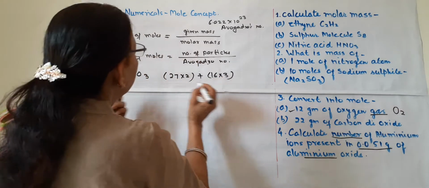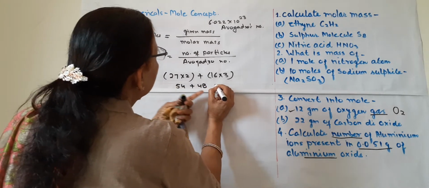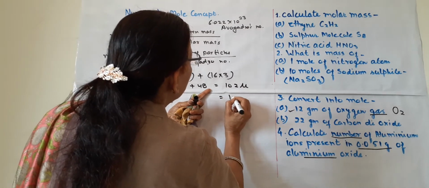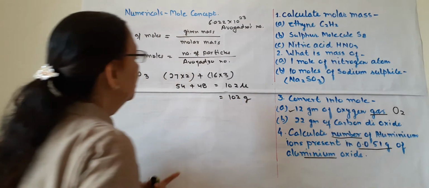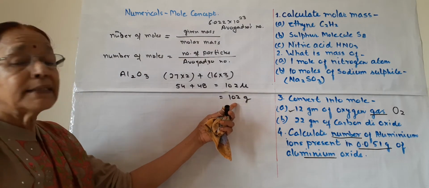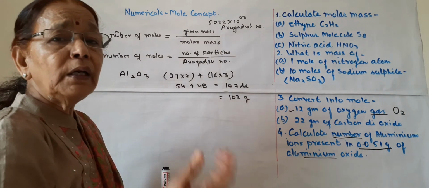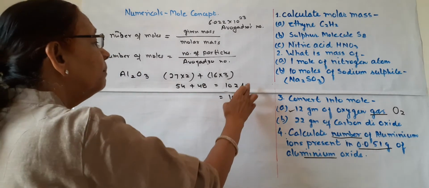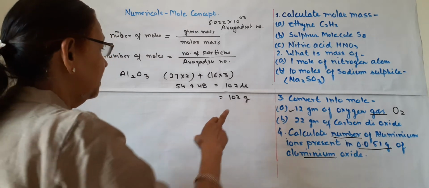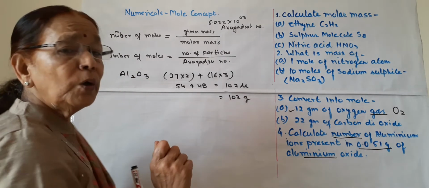What will you get? It is 54 plus 48, equal to 102 u, which is equal to 102 grams. Molar mass we say for both covalent and ionic compounds, but this is formula unit mass, and covalent compounds have molecular mass. So 102 grams is the molar mass of Al2O3.